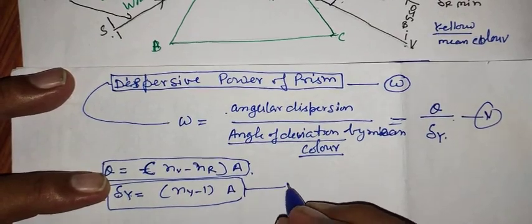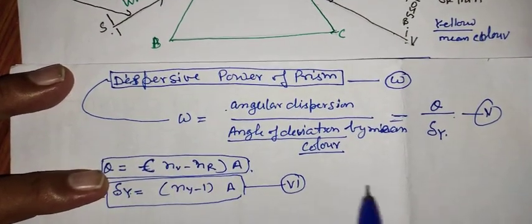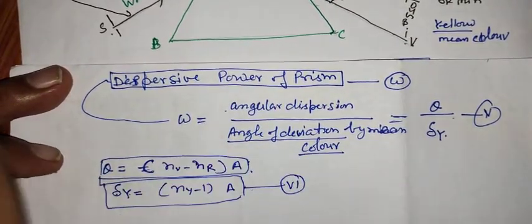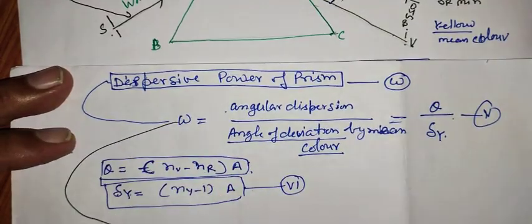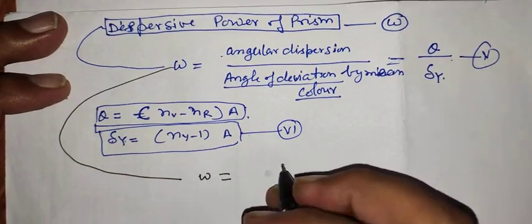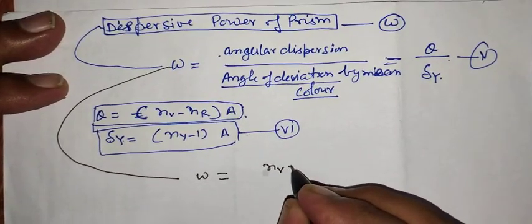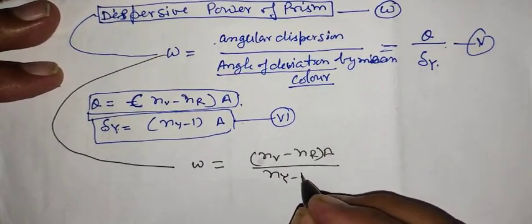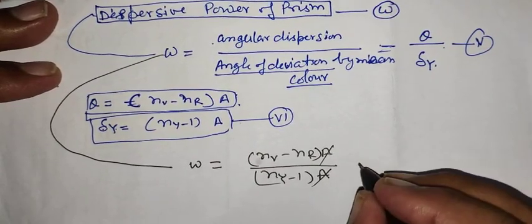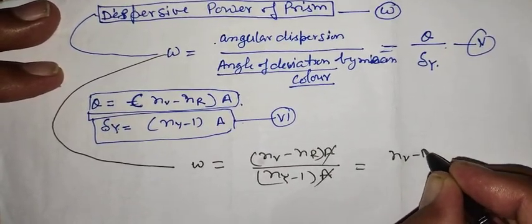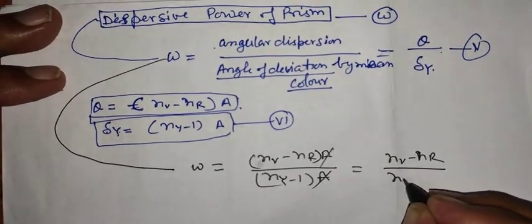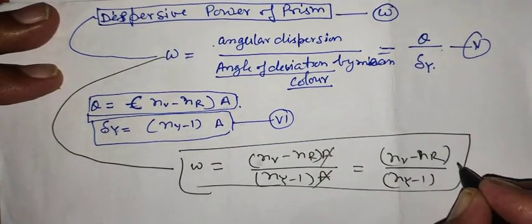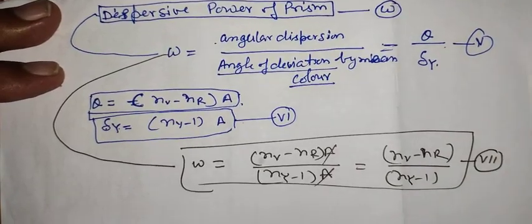This is equation 4 and this can be written as 6. Putting all these values in equation number 5, one may obtain dispersive power omega equal to NV minus NR into A by NY minus 1 into A. Angle of prism cancels, so it is equal to NV minus NR by NY minus 1. This is represented by equation 7.